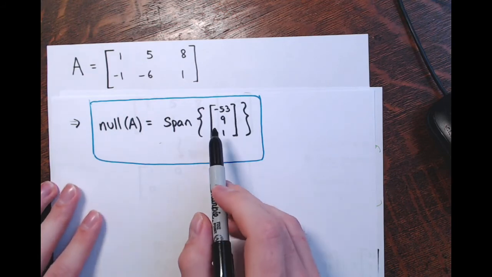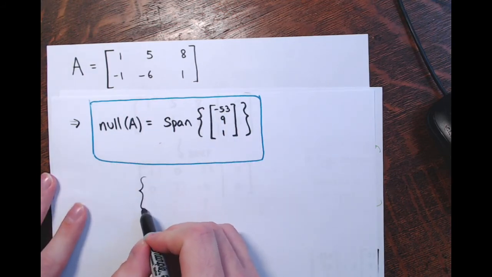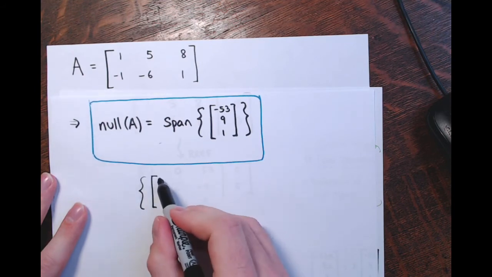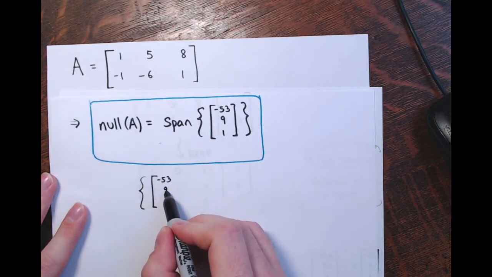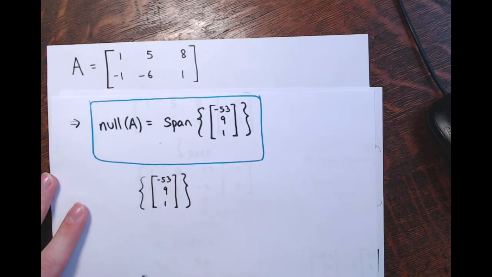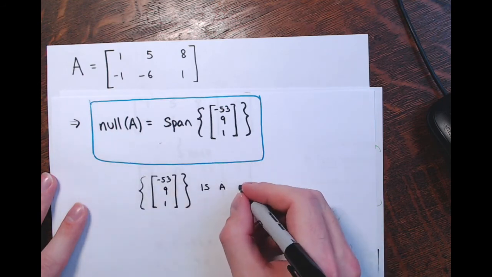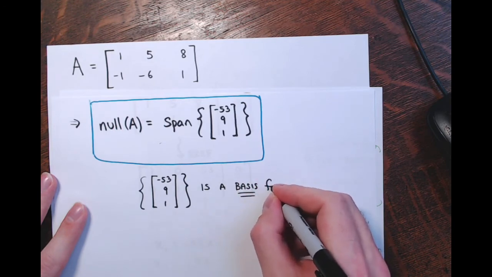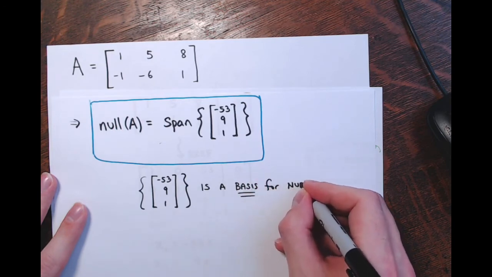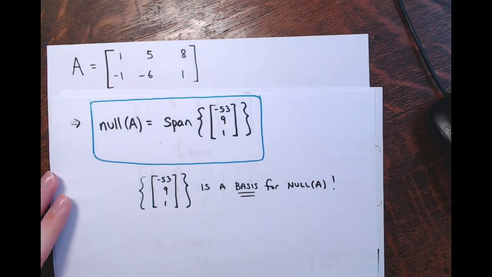All right, and then we can see that every vector in here is a multiple of this vector here. So the set with this one vector, the negative 53, 9, 1 that I have, is a basis for the null space of A, or the kernel of A. So we got that as well, coming from this.